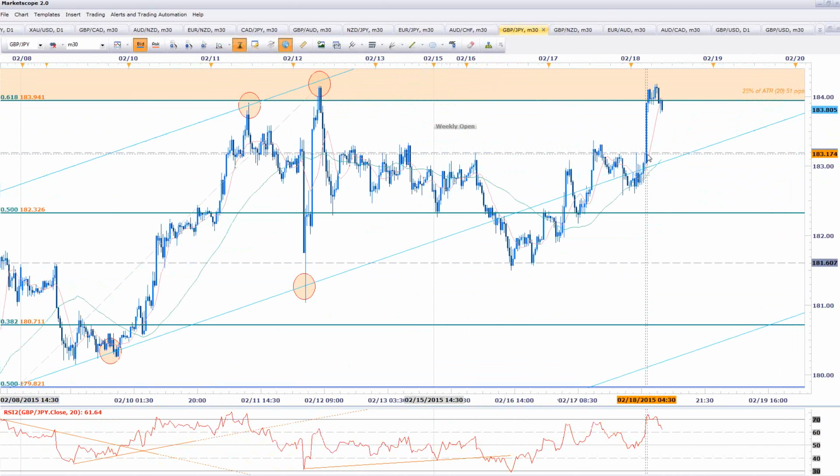This technically does constitute a break of the weekly opening range. Here's your weekly open. Monday puts in a high. We break into a new low on Tuesday. We check the highs on Tuesday morning. It holds. We pull back. Here's the Wednesday crunch. Objectively, above 83.20, 83.25, you want to be looking higher here in the pound yen.